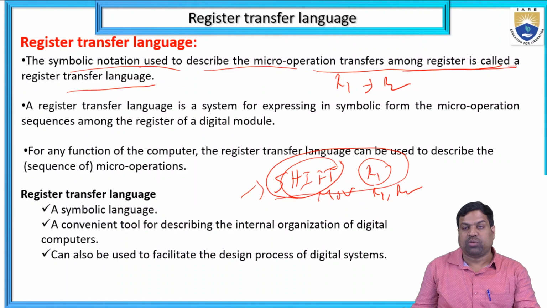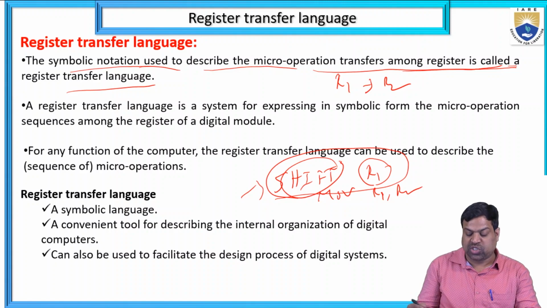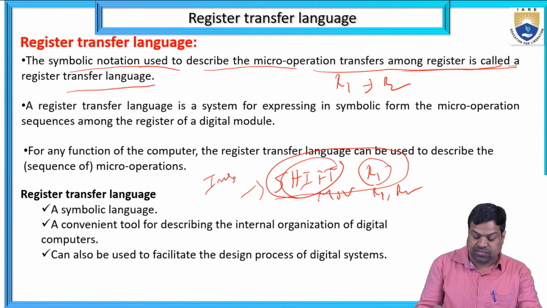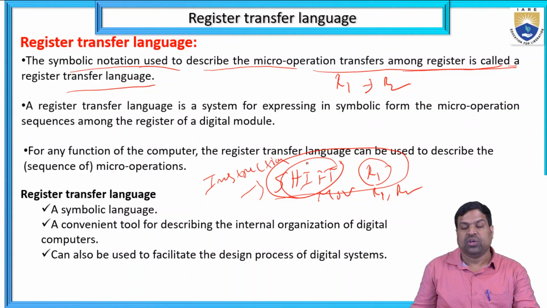Okay, I am giving some program, some instructions, to transfer the registers or perform operations. The performing of operations is possible only through instructions. And a register transfer language is a system for expressing in symbolic form the micro operation sequencing among the registers of a digital module.